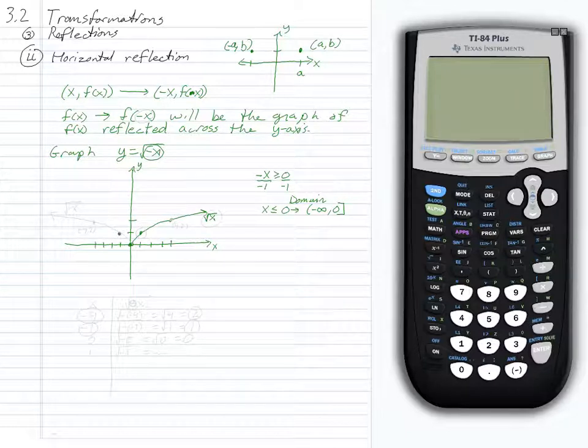If we reflect the point (4, 2), its x-coordinate will become negative 4, its y-coordinate will remain the same. So the graph of the function we would like to graph is the square root of negative x.